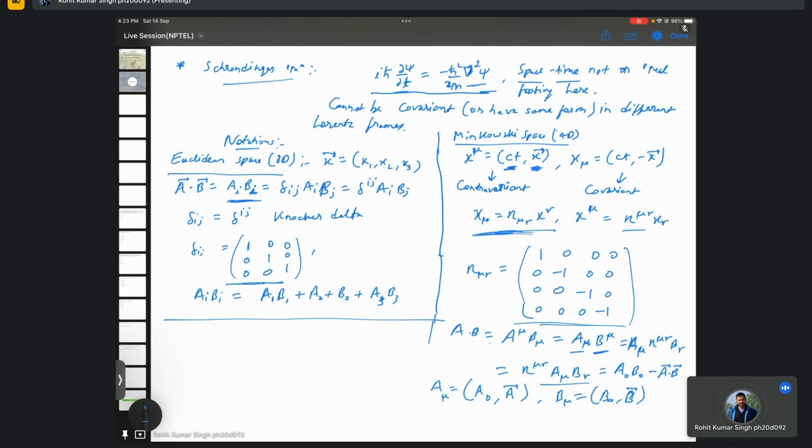So what we say is this dot product is invariant under Lorentz transformation.